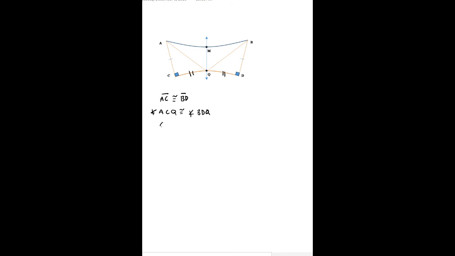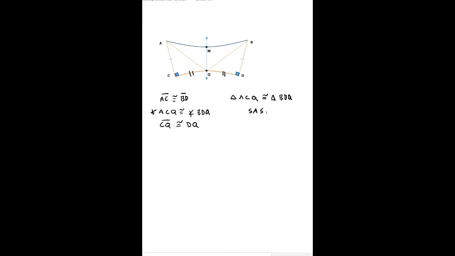Therefore we have CQ congruent to DQ. And because SAS is an acceptable form of proof of congruency, we have that triangle ACQ is congruent to triangle BDQ by side angle side.